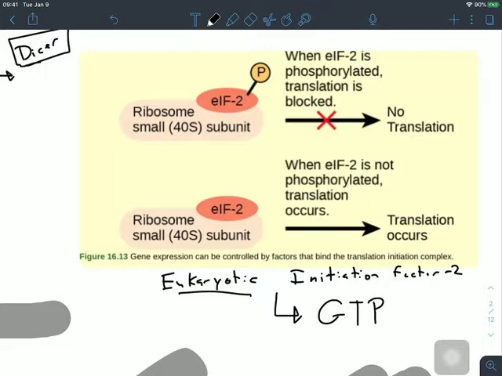When EIF2 binds a GTP, it becomes phosphorylated, therefore preventing any of the large subunit or mRNAs to come in and start translation. When instead EIF2 is not phosphorylated, translation can occur.